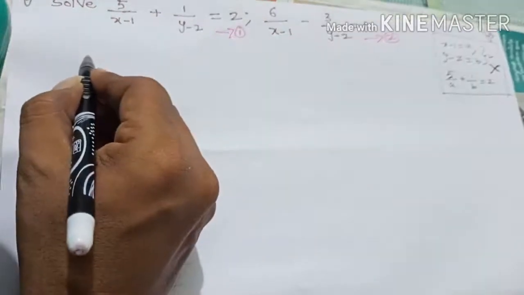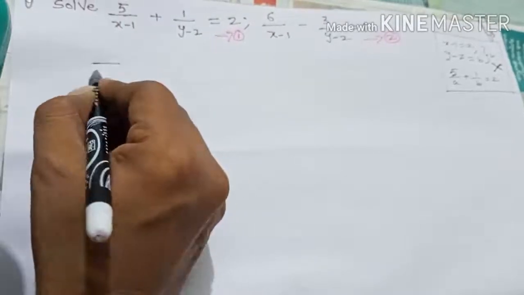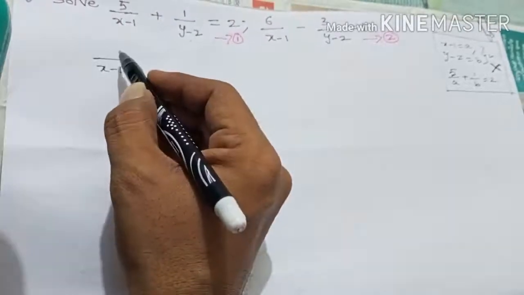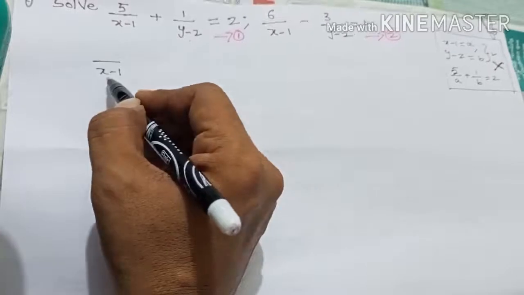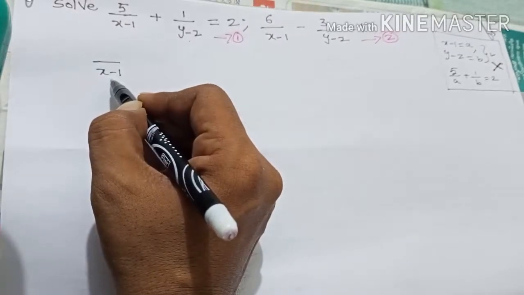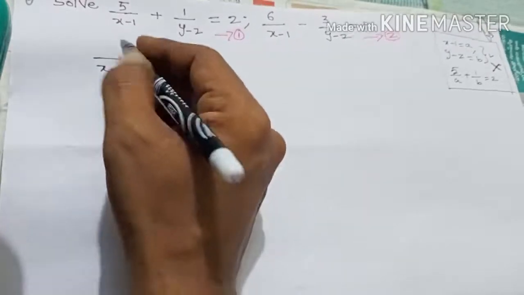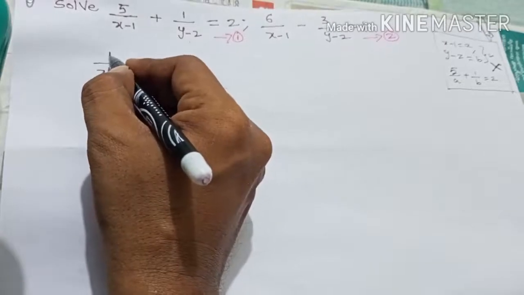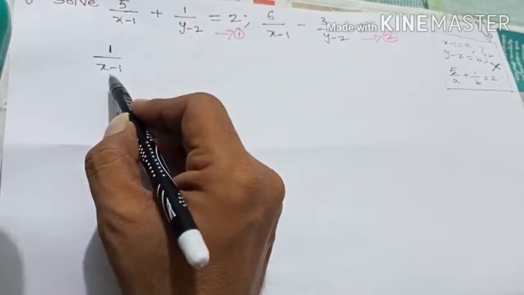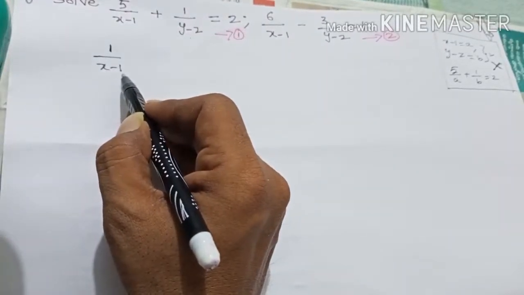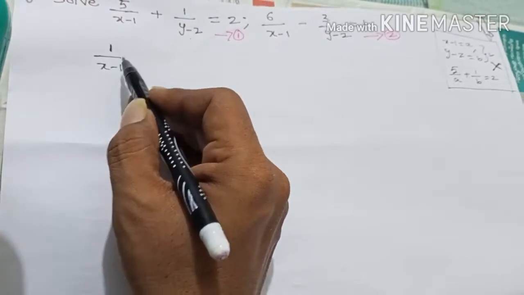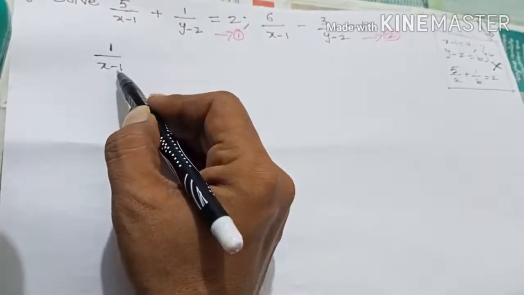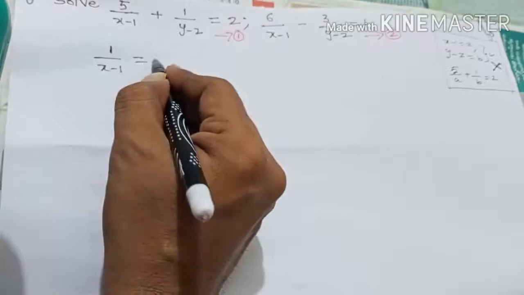Okay, then what do we have to take? Observe clearly. If you take by x minus 1, without a numerator the denominator is not defined. Therefore if you put 1 in place of numerator, then this x minus 1 will be defined. Therefore you have to take 1 by x minus 1 as a.